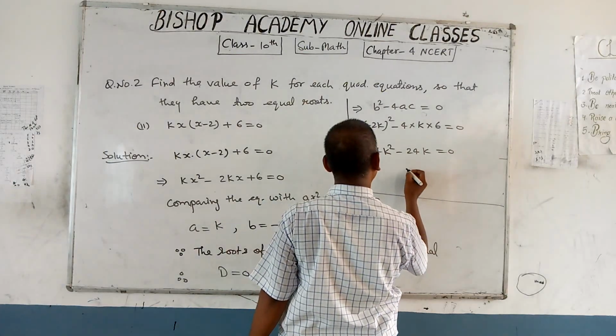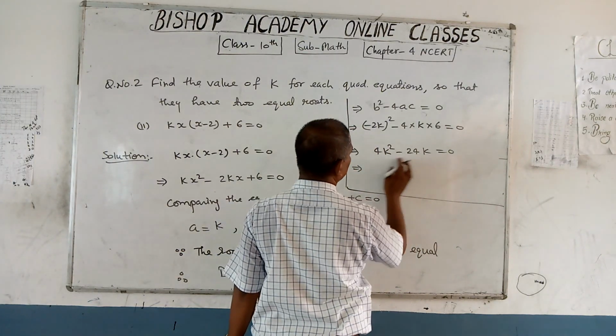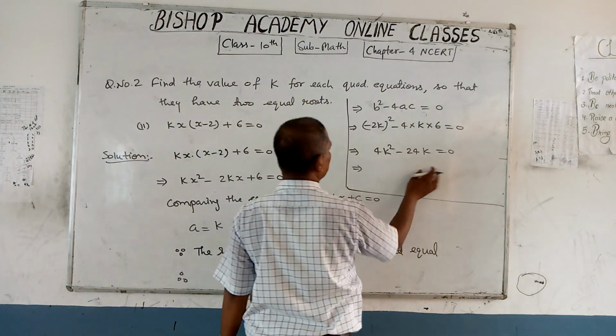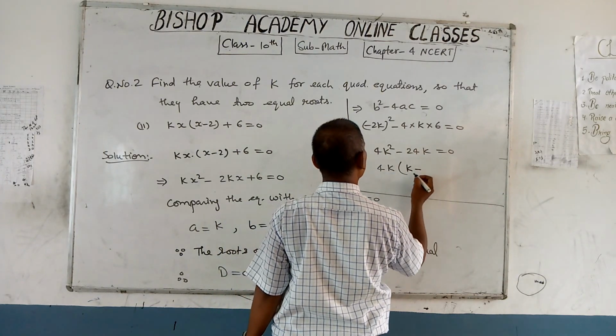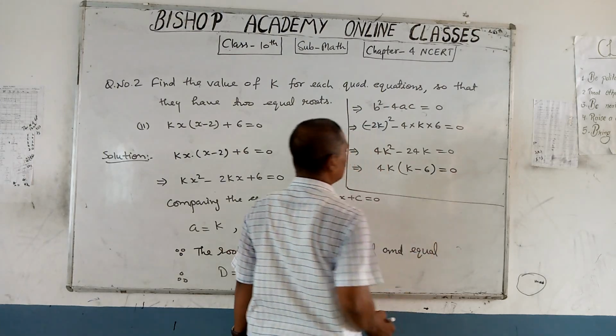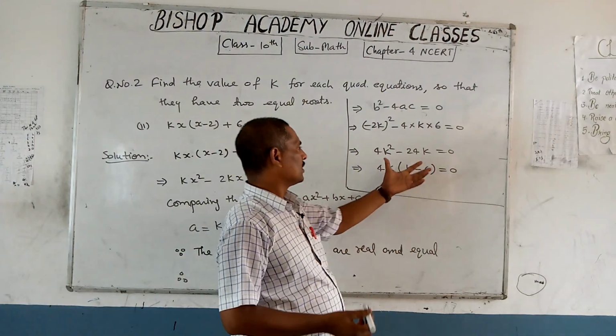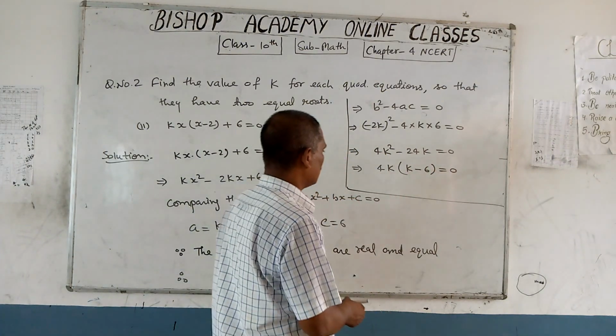You see that here is a common factor, factorize this. Factorize on the left side, we find 4k is common factor. So k minus 6 is equal to 0. You factorized on the left and got 4k into k minus 6.